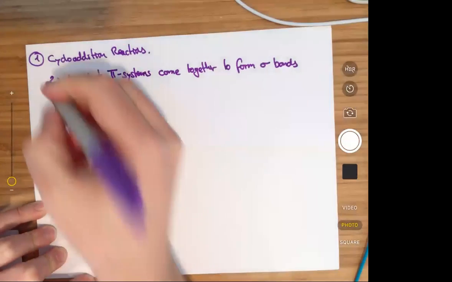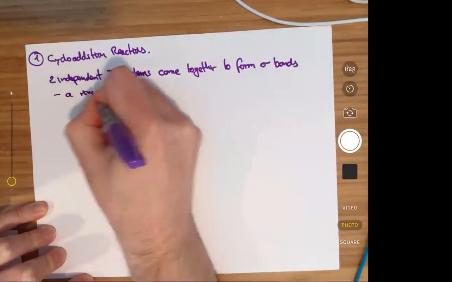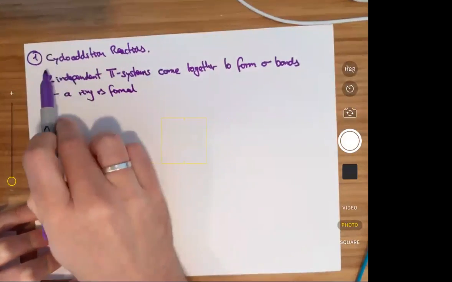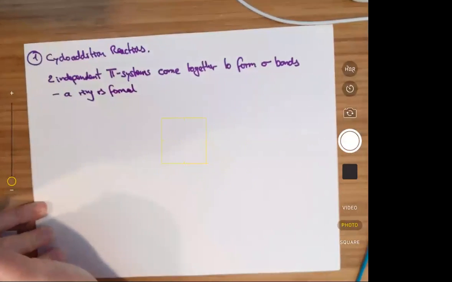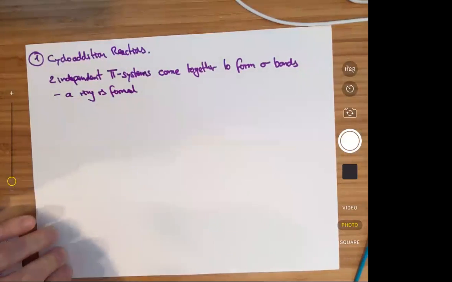And as part of this process, usually you form a ring. So that's why you have this term cycloaddition. And they can be both intermolecular as well as intramolecular.